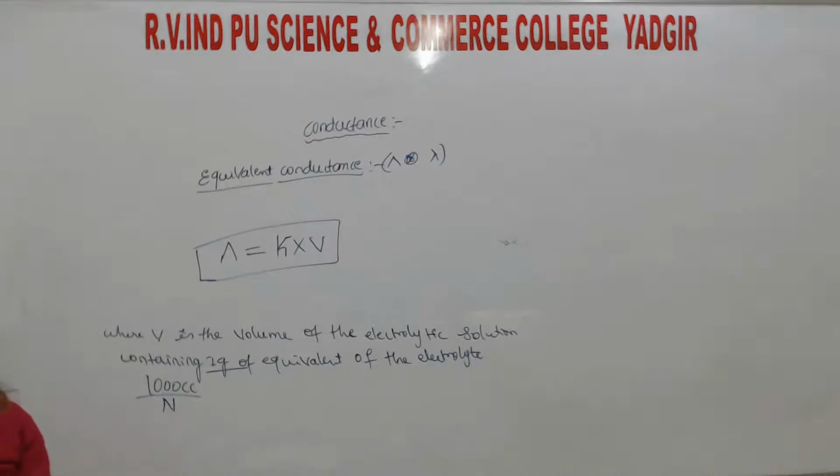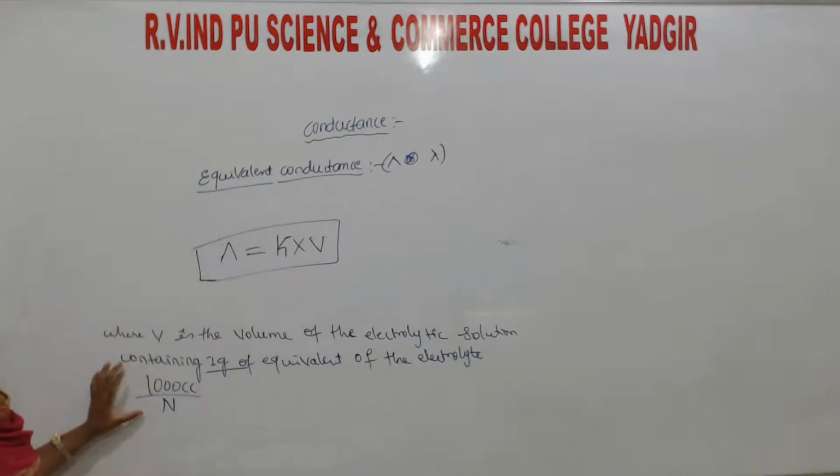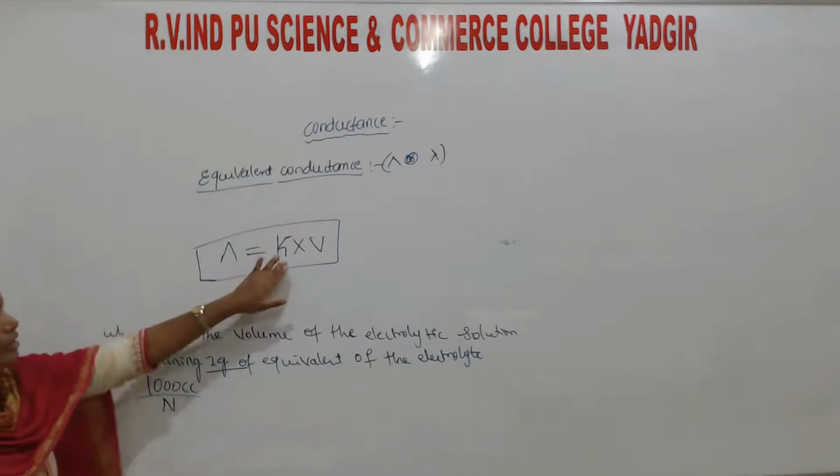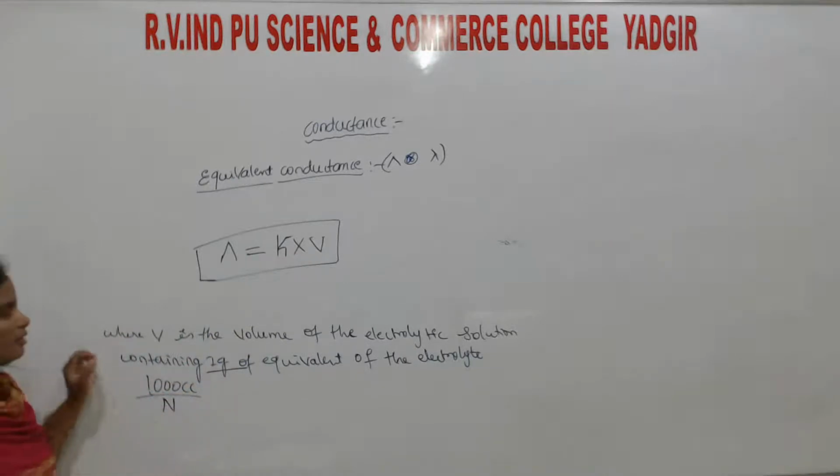Using this volume in the above equation, lambda equals k times 1000 cc divided by n.